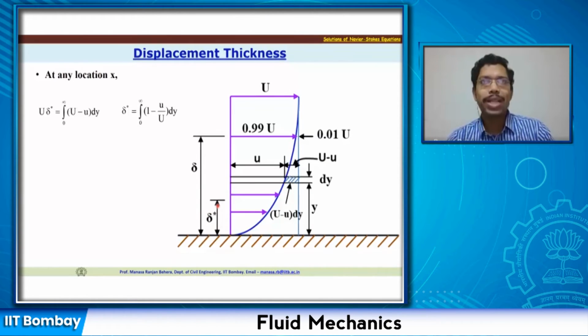So to compare that, we have written this expression U delta star equals the integral from 0 to infinity of (U minus u) dy, and by rearranging this, we can write delta star, the displacement thickness, equals the integral from 0 to infinity of (1 minus u by U) dy. Practically, it is not really possible to integrate up to infinity, and we have also seen that we are not going to integrate up to infinity.